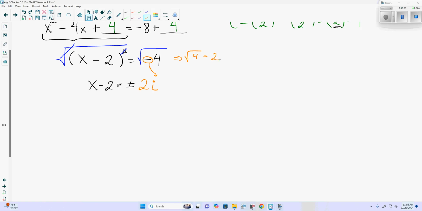Therefore, the square root of negative 4 is 2i. Questions on how we got to this point here?